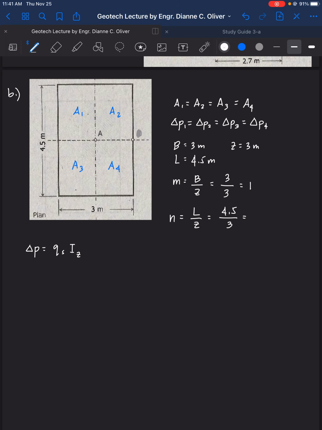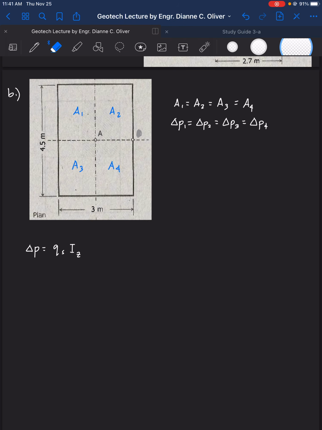Oh yeah, I forgot. We divided it into rectangles, so this is wrong. I think it's best if we just draw it, so I want you to see where I went wrong.